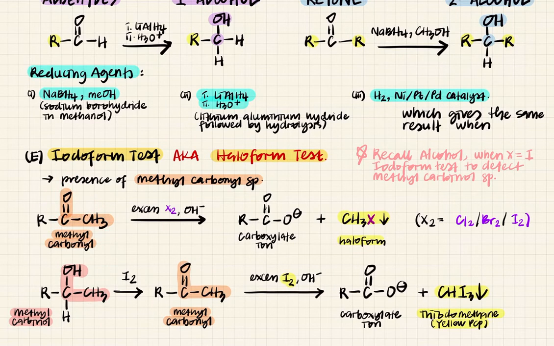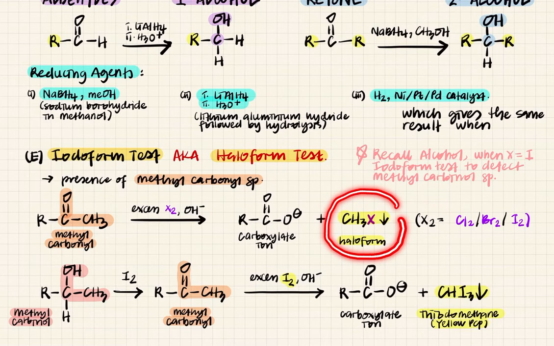When reacting with excess X2, where X can be Cl, Br or I, it is not specific to iodine. In basic condition you will get carboxylate ion and a haloform precipitate.